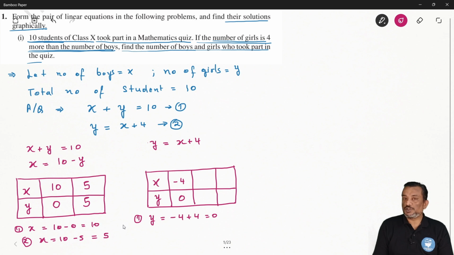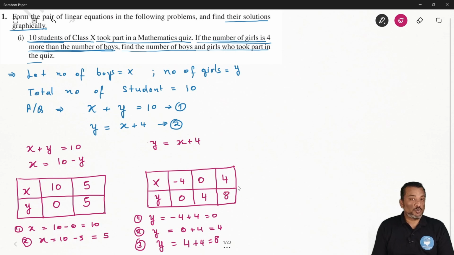So our first solution set is done: when x is -4, y is 0. Now second solution set, we will take x is equal to 0, then y is 0 plus 4, so y is 4. Now next one, third solution set, we will take x value 4, so y value you will get 4 plus 4, which is 8. Now you have got both the solution sets.